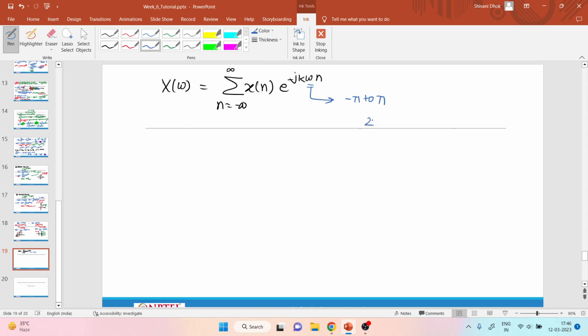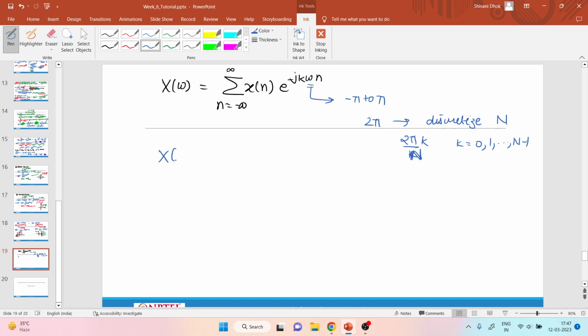When we discretize this 2 pi interval in N intervals, it becomes 2 pi by N times k, each indexed by k, and this k will run from 0, 1 and so on till N minus 1. When we do that, we get the DFT.